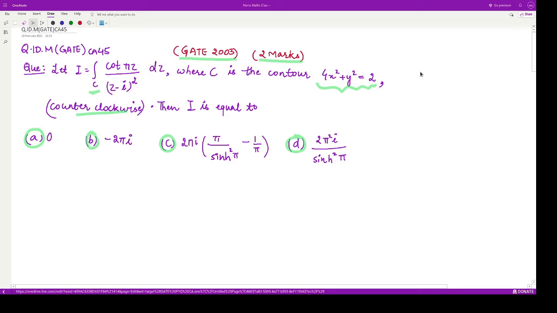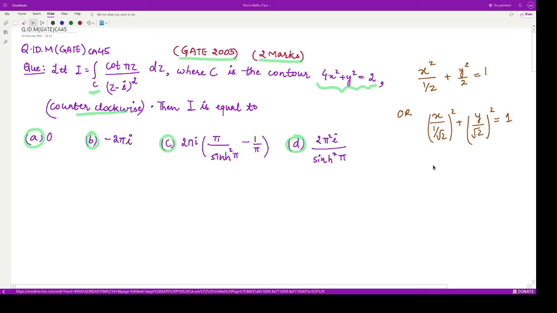So let us first see what is this equation. We can rewrite it like this: x square divided by 1 by 2 plus y square divided by 2 is equal to 1, or we can write this as x divided by 1 by square root 2 whole square plus y divided by square root 2 whole square is equal to 1.